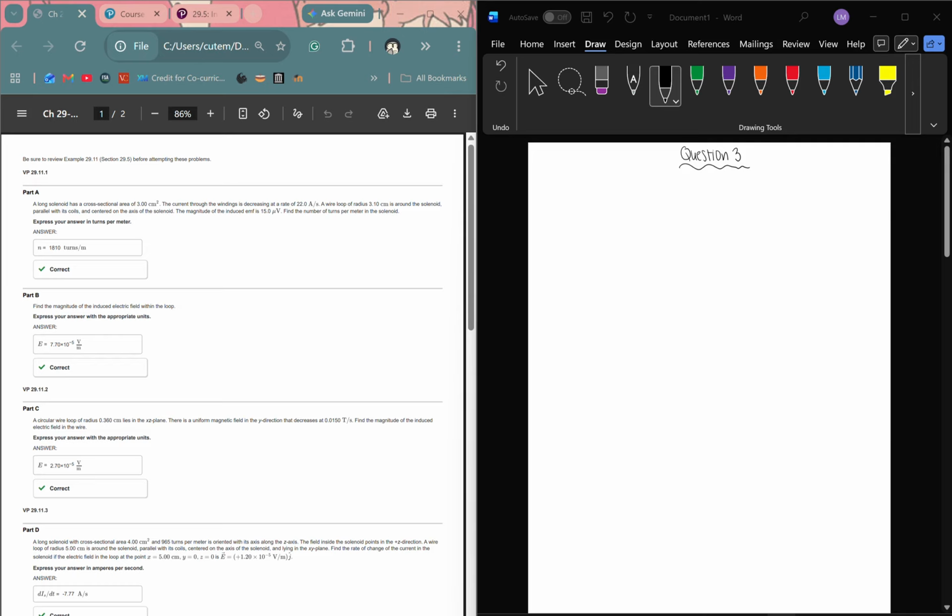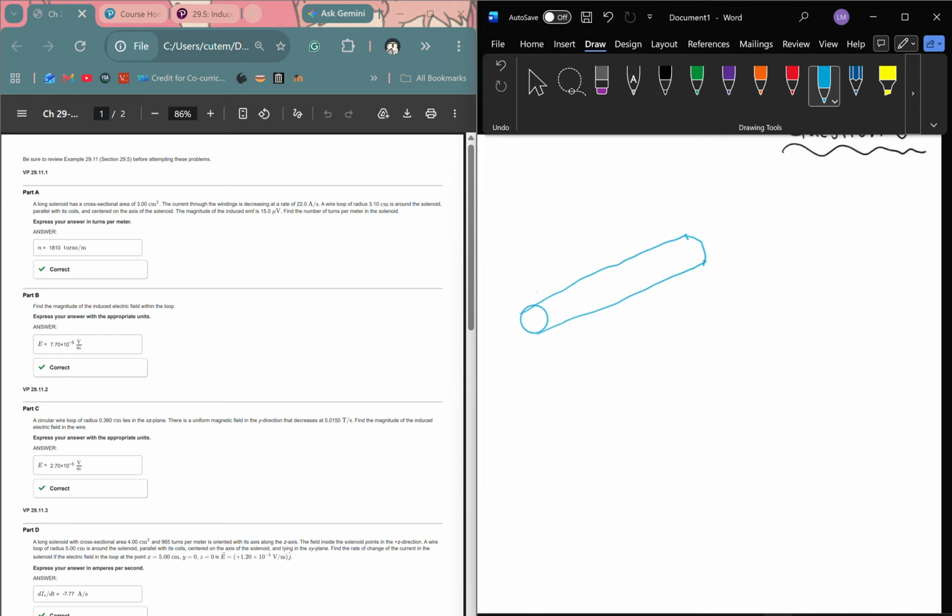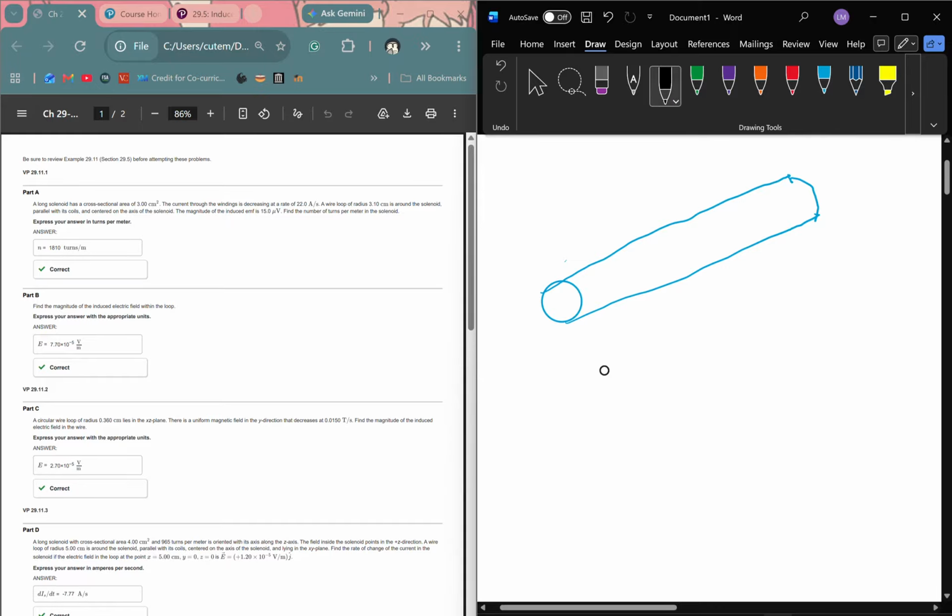So I'm going to try my best to draw the solenoid. I'm not really good at drawing, so let me try my best to do the solenoid. Okay, this is where the A is.